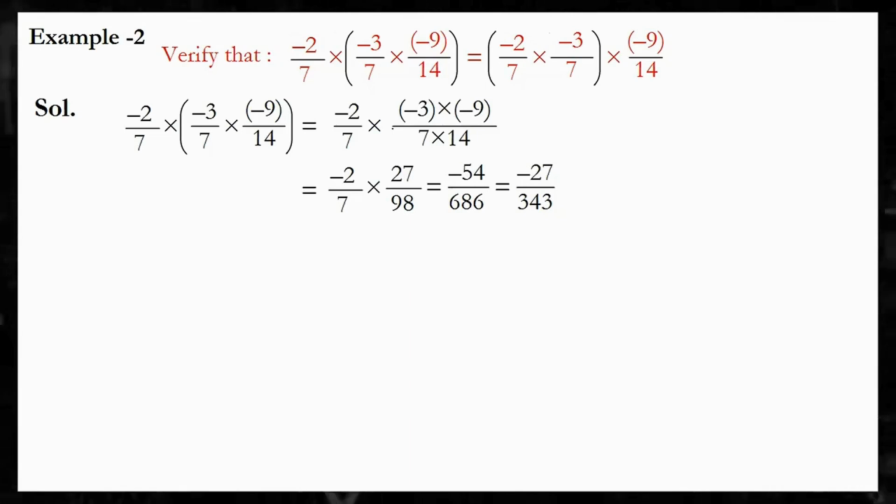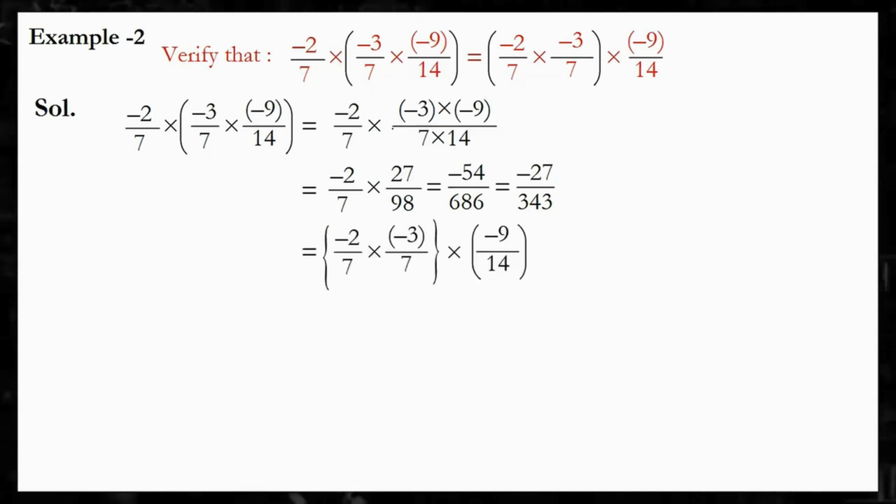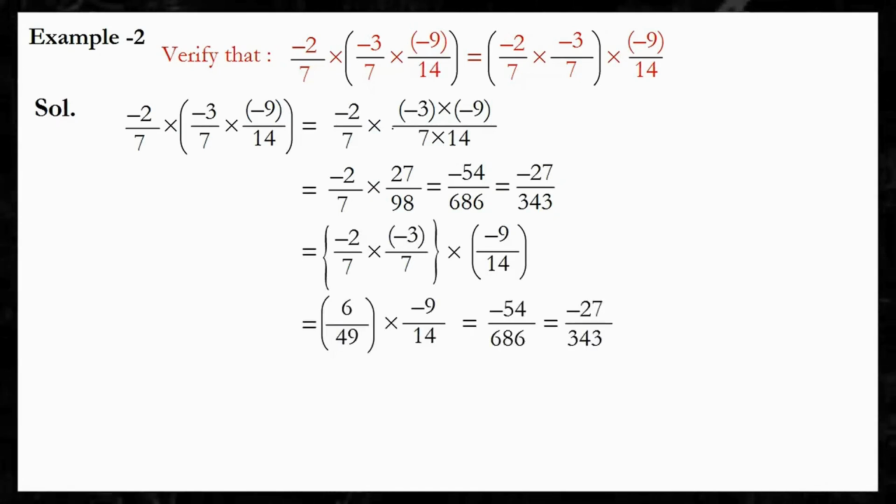which is equal to minus 54 by 686, which is equal to minus 27 by 343, and in the brackets minus 2 by 7 into minus 3 by 7 into in the brackets minus 9 by 14, which is equal to in the brackets 6 by 49 into minus 9 by 14, which is equal to minus 54 by 686, which is equal to minus 27 by 343.